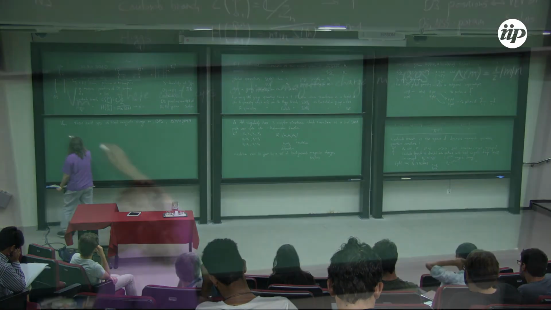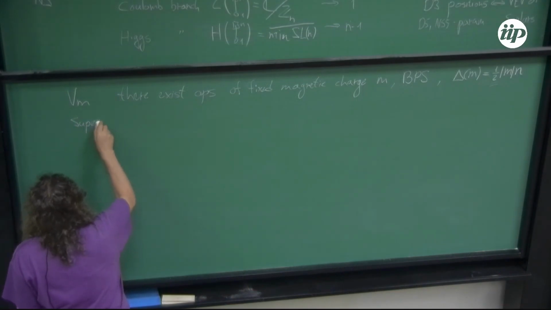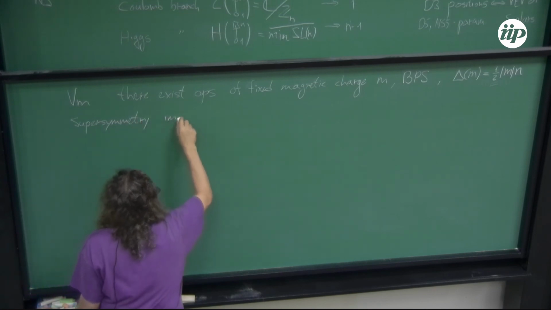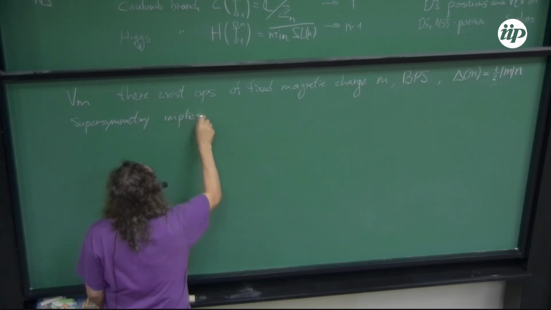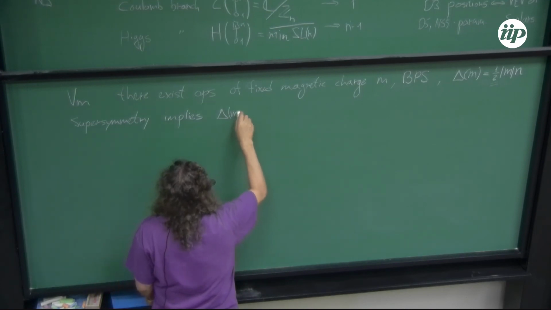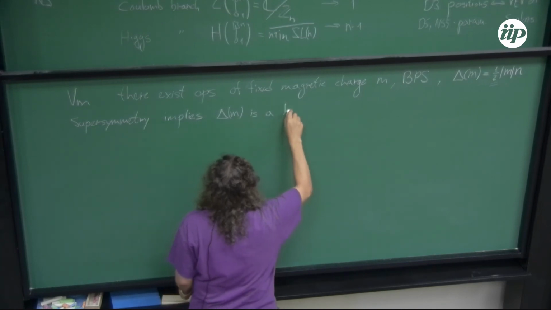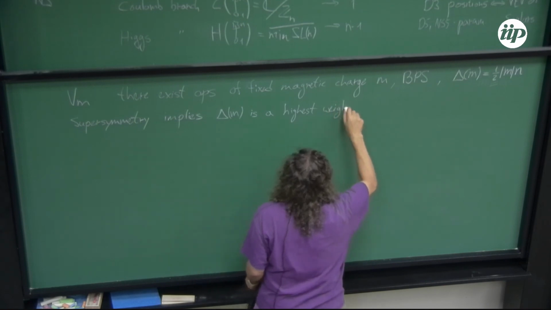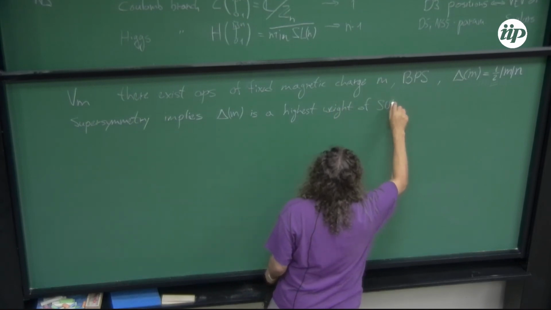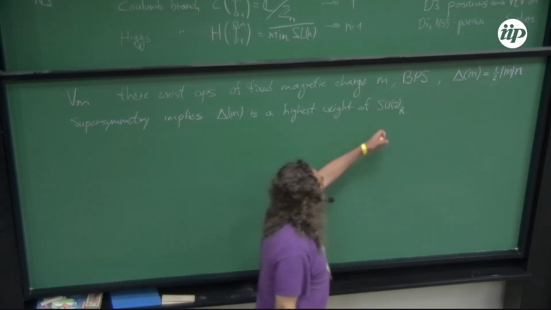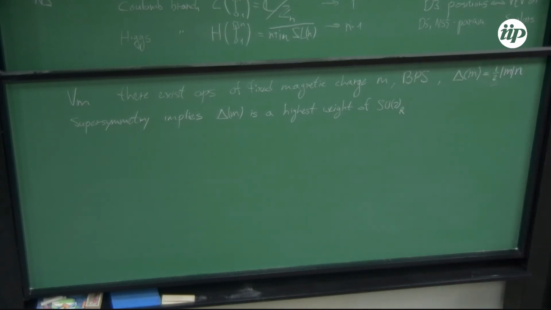Because of the supersymmetry, I have that delta is a highest weight of SU(2)_R, and the representations of SU(2)_R come quantized in units of 1/2. So that's the reason for this 1/2.